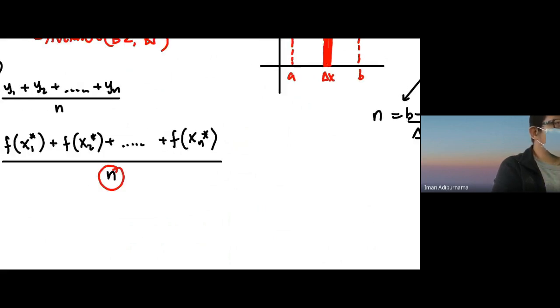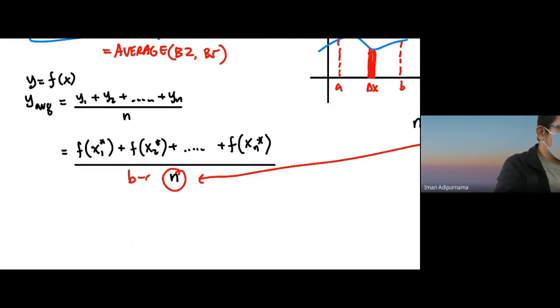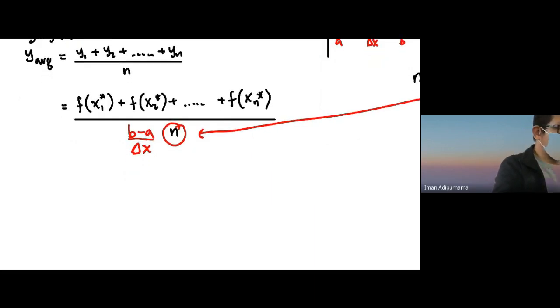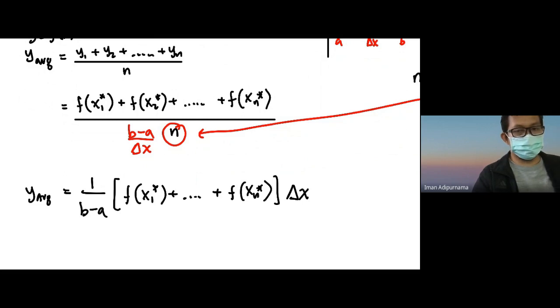So let's change to b minus a over delta x. We write the b minus a here, and let's write f here, keep it simple, and then multiply by the delta x.